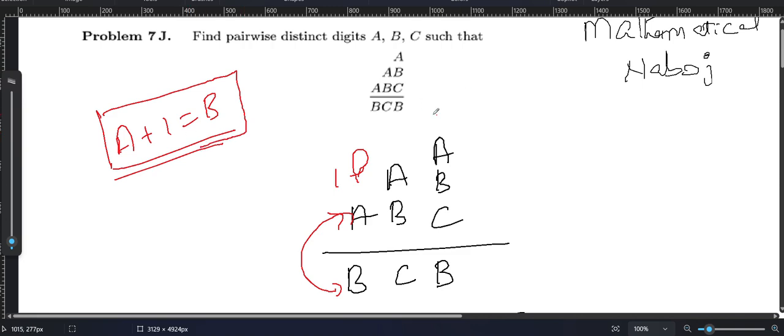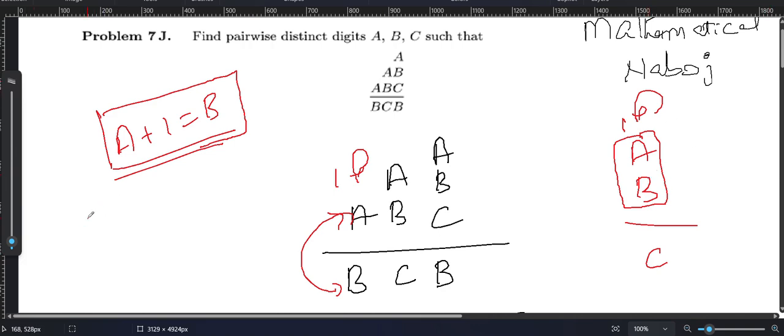Second thing is A and B are getting added here and they are producing a quantity called C. This can only happen when there is a carry over A and B. And second thing is the minimum sum of A and B should be 9.